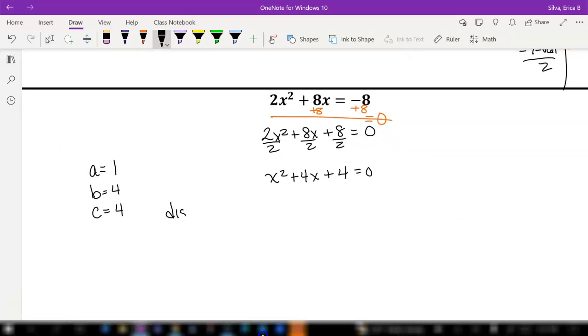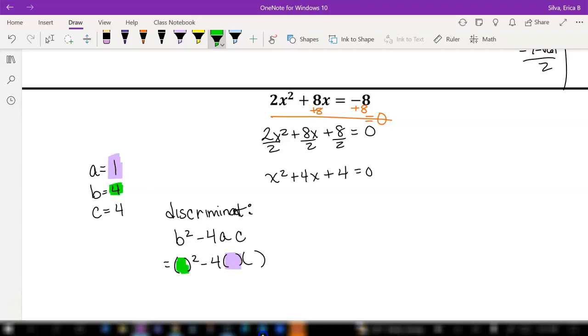And let's find our discriminant, which is b squared minus 4 times a times c. So my a goes here, my b goes here, and the c goes here.